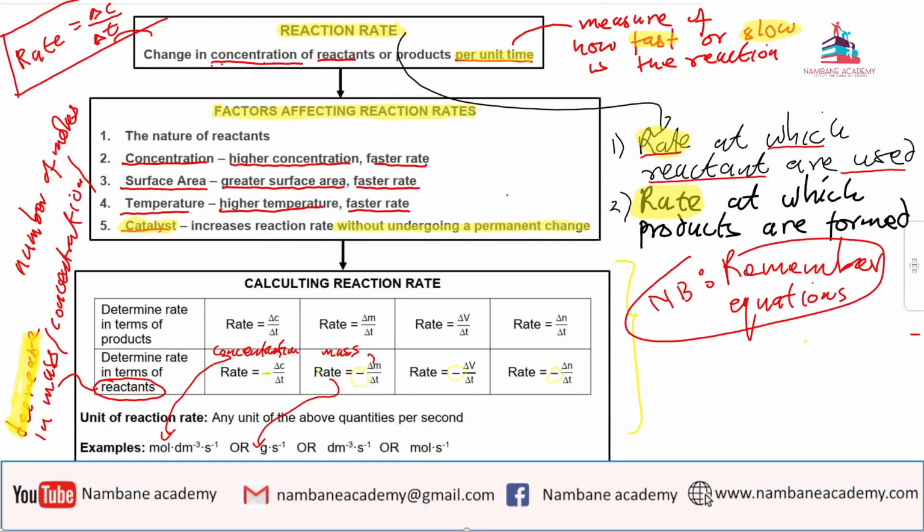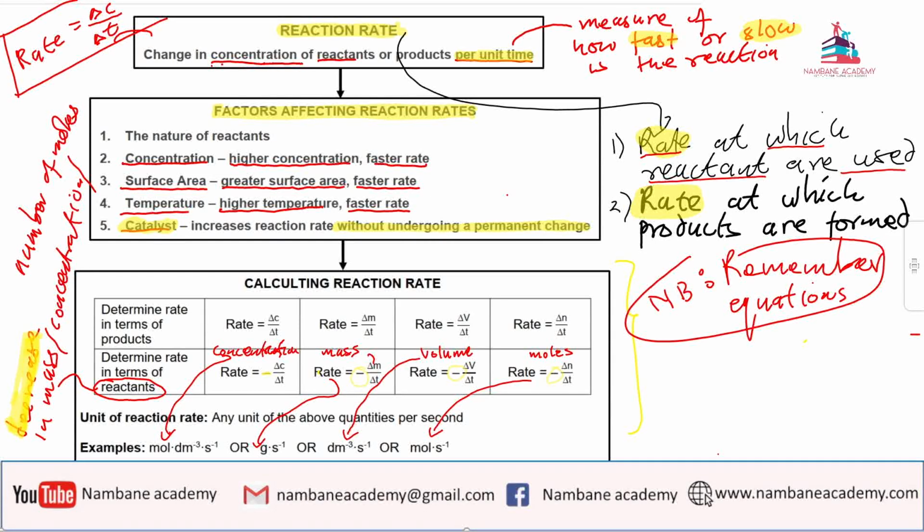With that being said, we can also be given change in volume. The SI unit for volume is decimeter cubed, and the SI unit for time is per second. We can also be given it in terms of moles, and then we'll have mole per second.